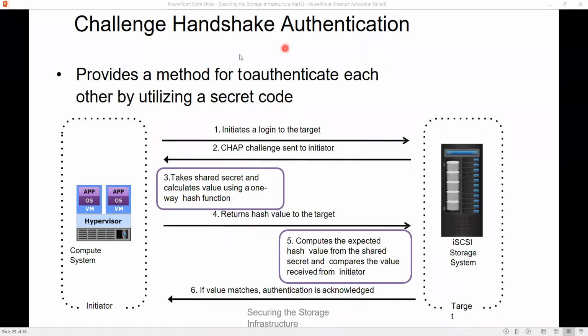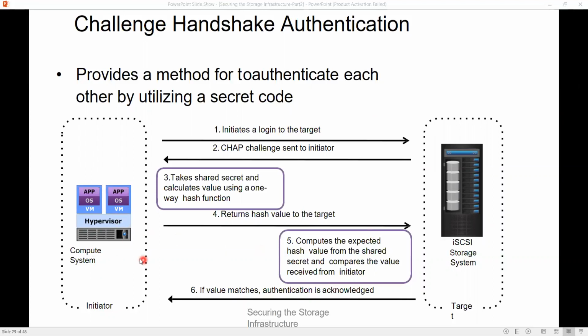Now, this was the challenge that is sent by the target to the initiator, and the handshake response by the initiator to the target. So this is the example of one-way CHAP. Now what happens is when the initiator also wants to authenticate whether the target that it is requesting to log in to is the same or not. In that case, the same process will be done by the initiator also.